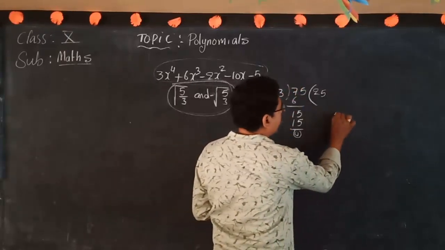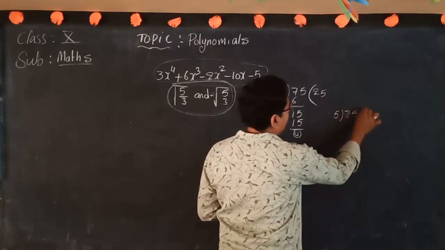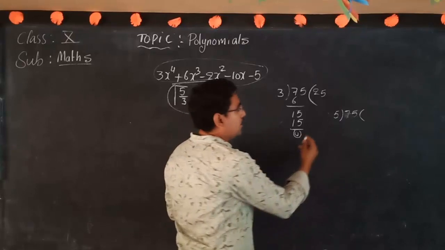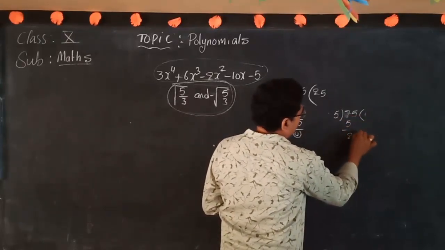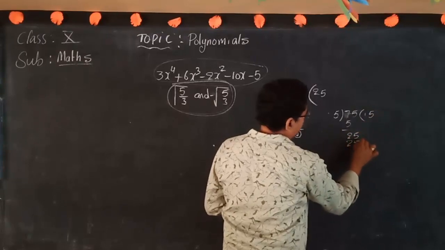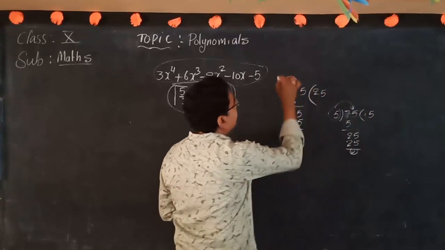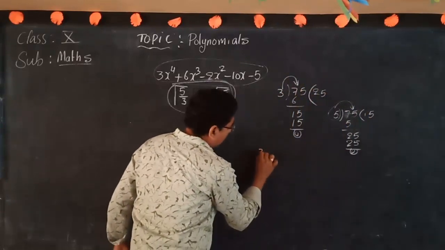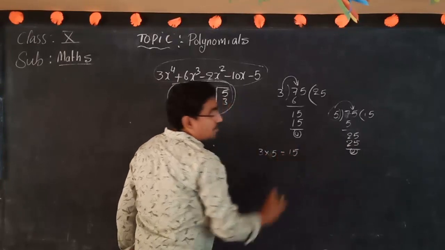Like this, I am dividing 75 by 5 to check whether 5 is a factor or not. 5 ones are 5, 5 5s are 25. So 5 is also a factor, and 3 is also a factor. So overall, 3 into 5 is 15.